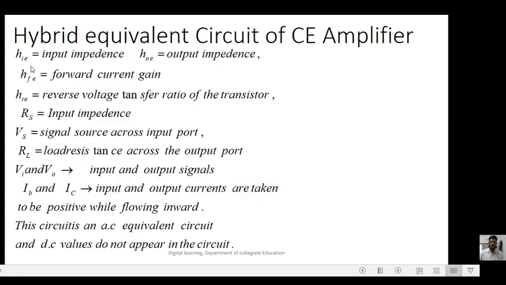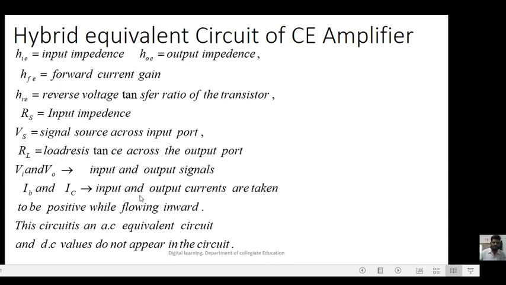Hybrid equivalent circuit of a CE amplifier, here some notations are given. HIE is the input impedance, HOE is the output impedance, HFE is the forward current gain, HRE is the reverse voltage transfer ratio of the transistor, RS is the input impedance, VS is the signal source across the input port, RL is the load resistance across the output port, Vi and V0 are the input and output signals.